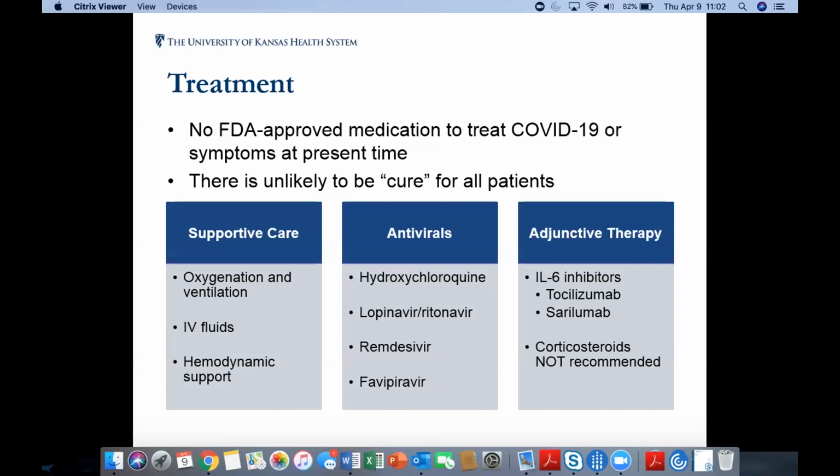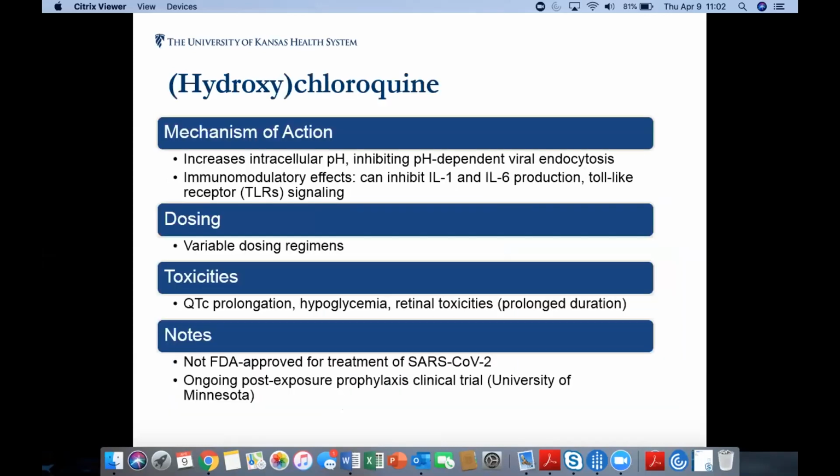They've been studied in SARS-CoV-1, MERS-CoV, really were not associated with a significant benefit. And in these patients, the risks were generally much greater than any reward. So in patients that don't have another indication to need corticosteroids, their use is not routinely recommended.